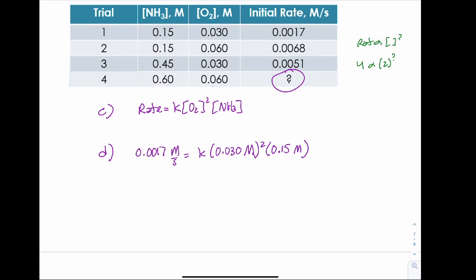So typing this into our calculator. Oops. Sorry, I got an error here. Let me do this again.